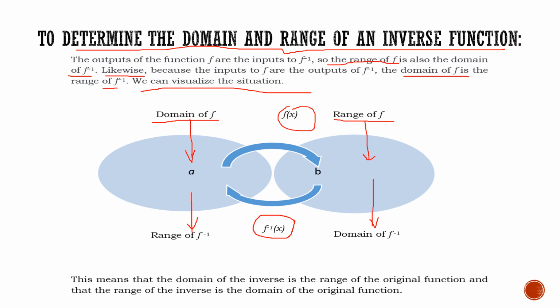This means that the domain of the inverse is the range of the original function, and the range of the inverse is the domain of the original function. That's simple. We just swap or switch the position of your x and y variables. So whatever your range and domain in your original function will be your domain and range in your inverse function.